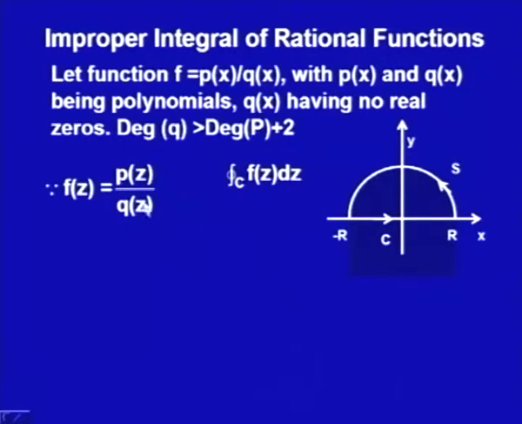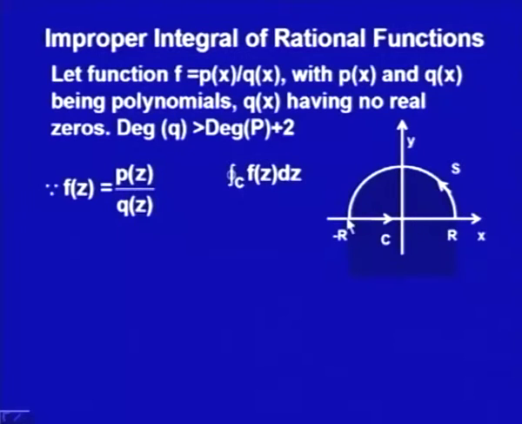Now, since we assumed that p(z) and q(z) are both polynomials, whatever be the zeros of these polynomials, all the singularities would be isolated, and certainly there would be a finite number of them. So, in the upper half plane there would be some finite number of isolated singularities only.